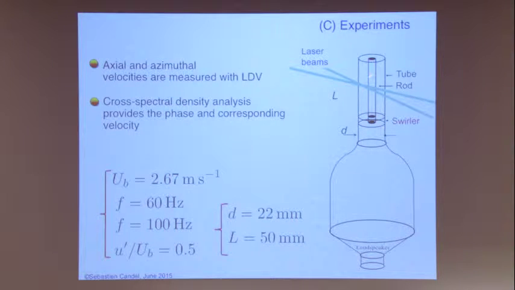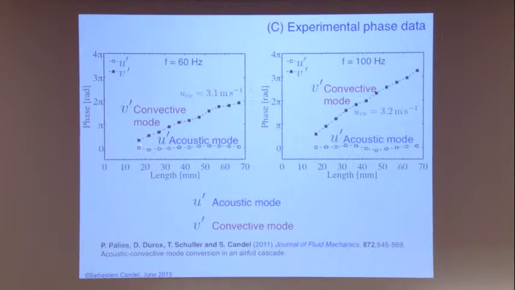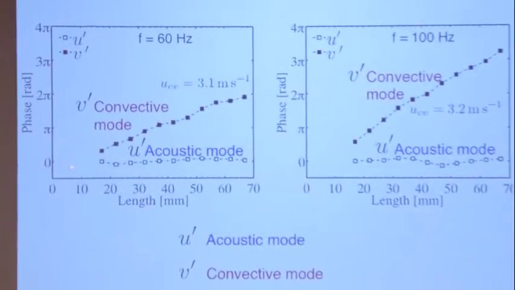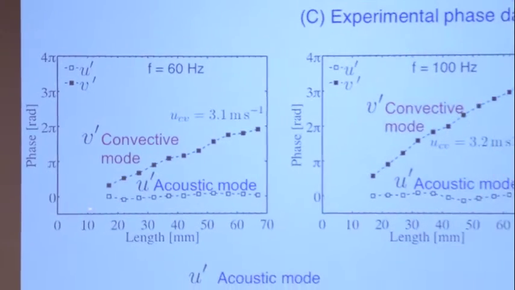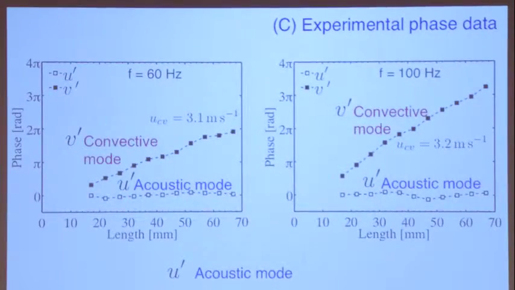So this is axisymmetric, so you can actually measure. In this case, V prime 2 is the azimuthal fluctuation, and U prime 2 is the axial fluctuation.